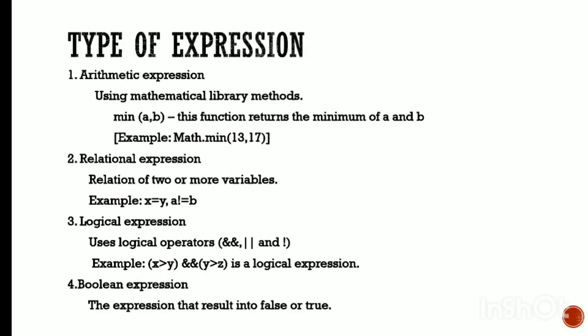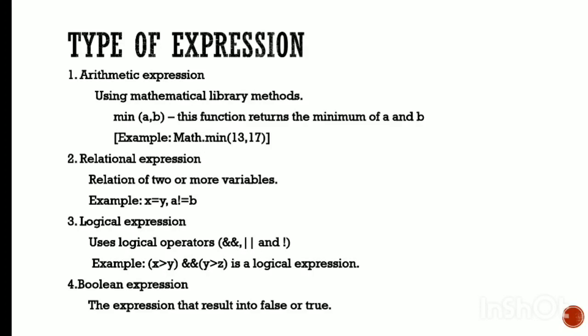Now we are moving to the next one, the logical expression. The logical expression uses the logical operators AND, OR and NOT: the double ampersand symbol is AND, the two straight lines are OR, and the third is NOT. They combine relational expressions to make a complex expression, which is called a logical expression.